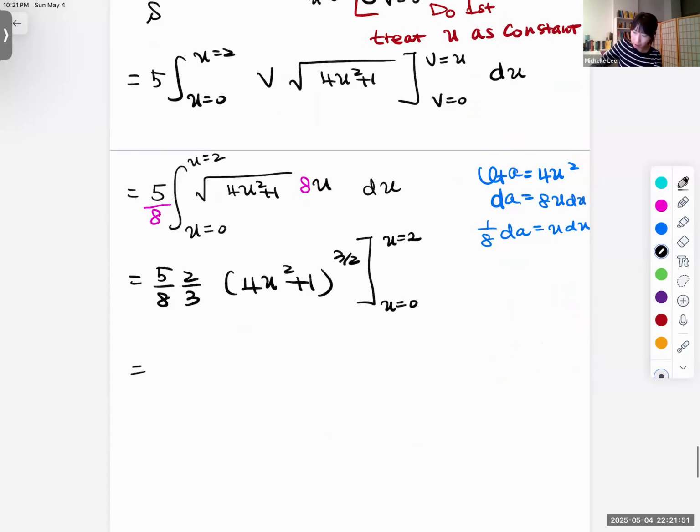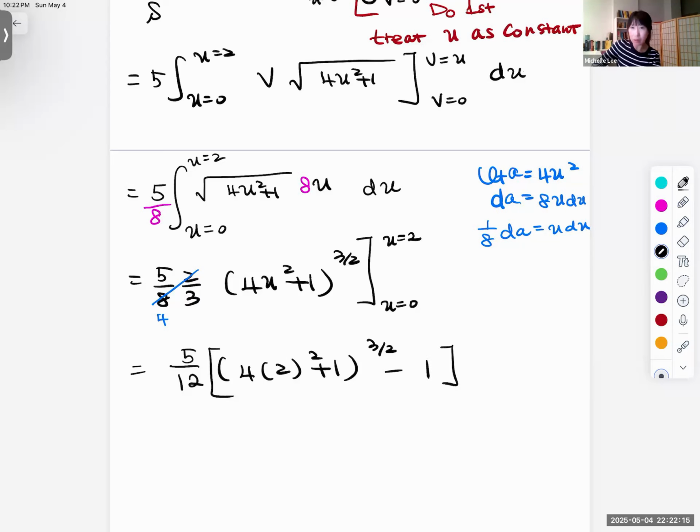We have a 4, so we have 5/12 times 4 times 2 squared plus 1 to the 3/2, minus 0 plus 1. So we have 1 there.